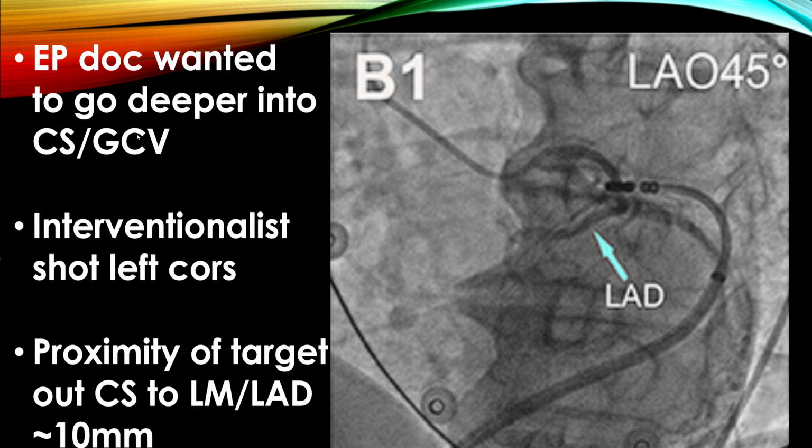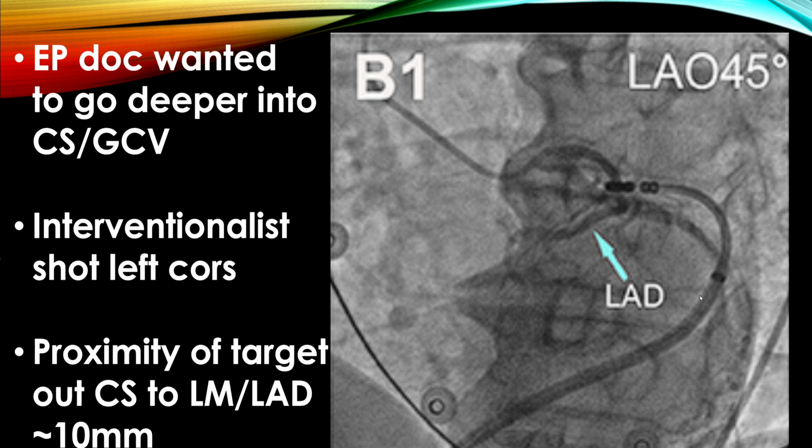Because he wanted to go back out into the CS GCV, he asked an interventionalist to shoot the cores. So that's the coronary artery catheter injecting dye, and you can see the left main coming down there, the LAD, and the circumflex. The bifurcation of those arteries show the summit of the LV.